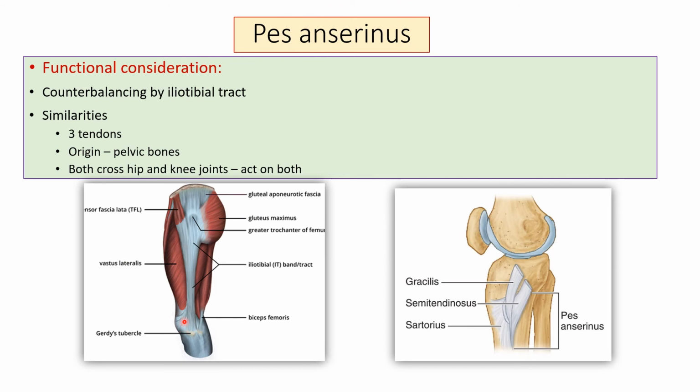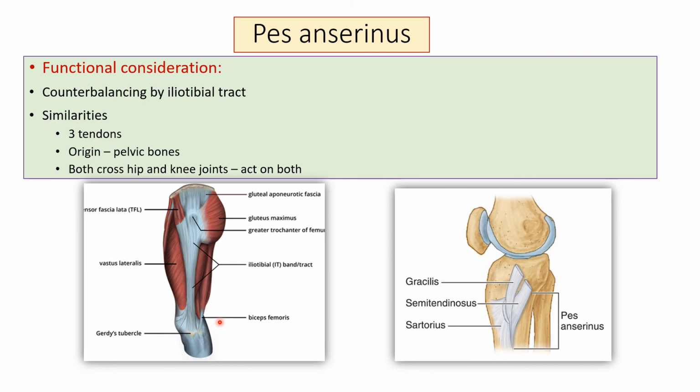And what are the similarities between the two? One similarity is the pes anserinus has 3 tendons, and the iliotibial tract also has contribution from 3 muscles. The contribution from vastus lateralis may be in question. And what is the origin of these contributions for the iliotibial tract? The gluteus maximus and tensor fasciae lata are from the pelvic bones.